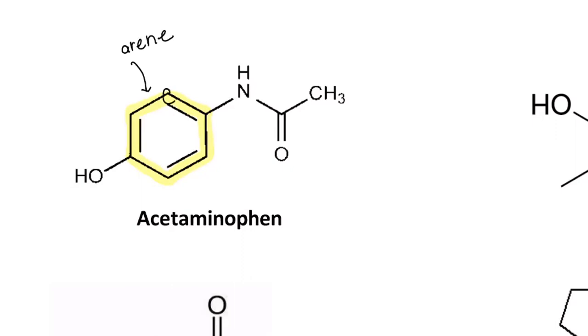Now, each one of the atoms here is a carbon. So as you can see, there's an OH attached to that arene. So what that means is that overall, this corner of the molecule, because there's a carbon atom bonded to an OH, this is an alcohol.